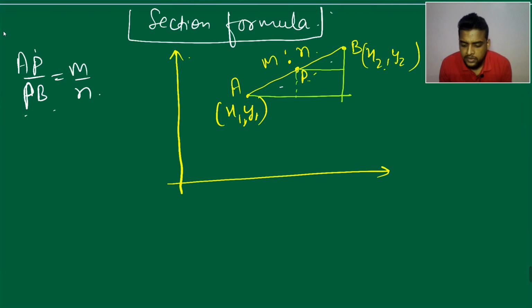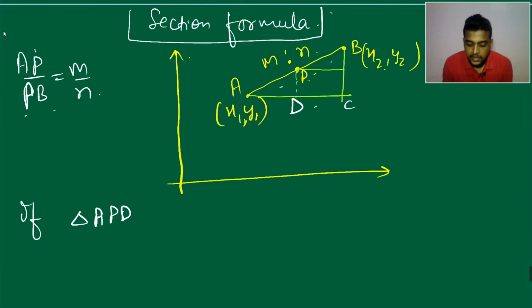Let us name the points. If triangle APD is similar to triangle PBE, then we can use AP upon PB, which is given as m upon n. Yes or no?